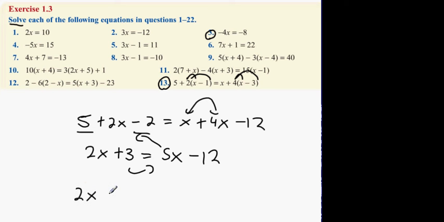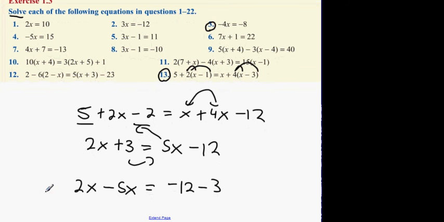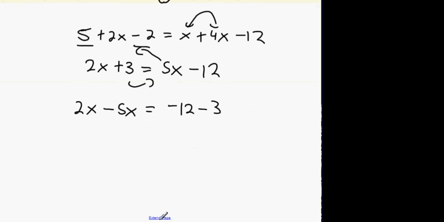You're going to get 2x minus 5x equals minus 12 minus 3. Okay, and what's 2x minus 5x? Minus 3x, and then minus 12 minus 3 is minus 15. Remember what I said? Bring the minus 3 directly underneath, since it's multiplied by minus 3, it's divided by minus 3.